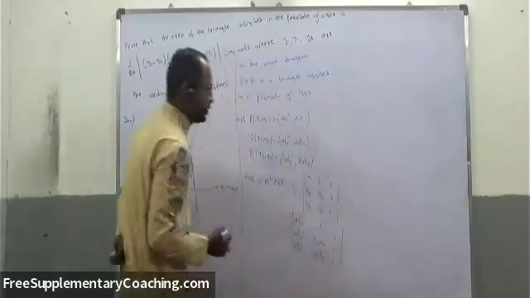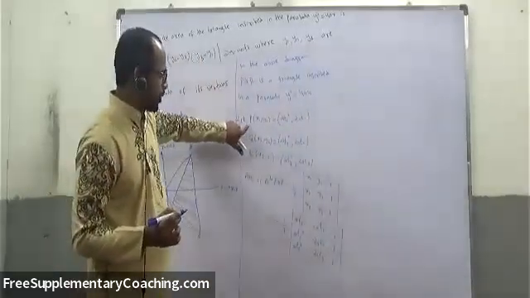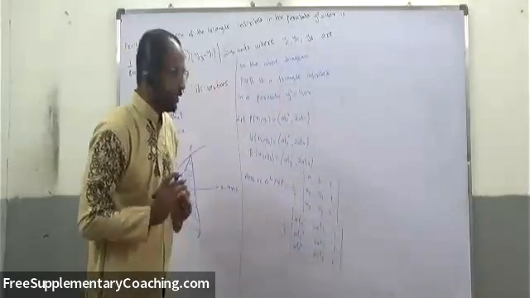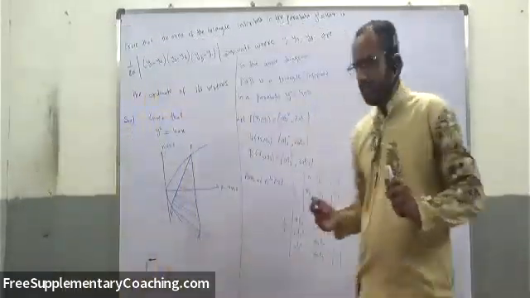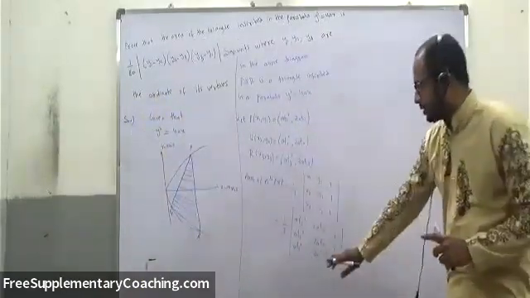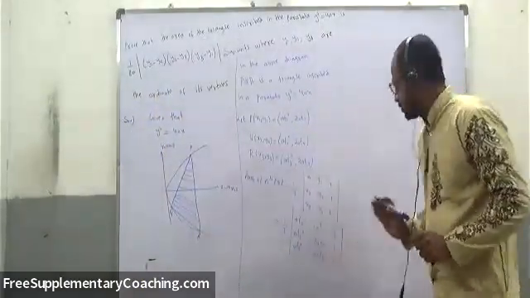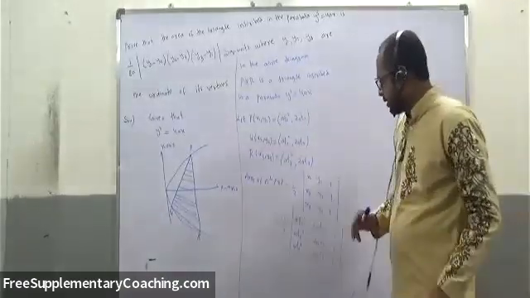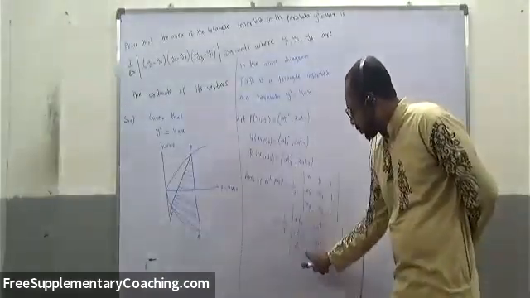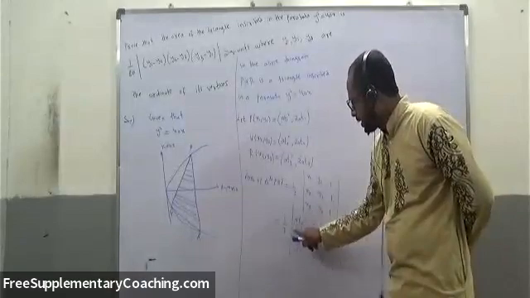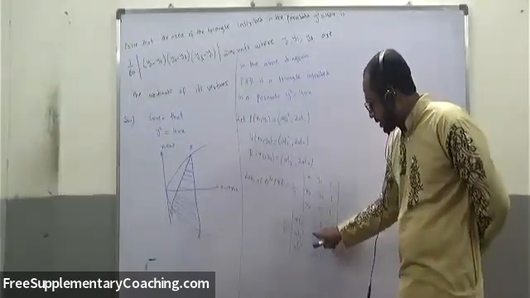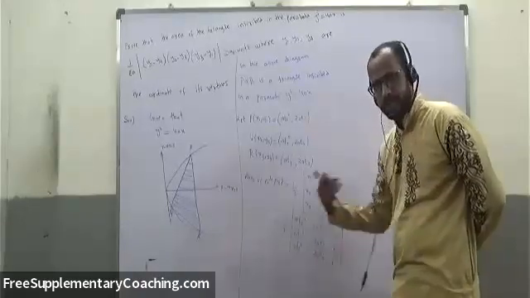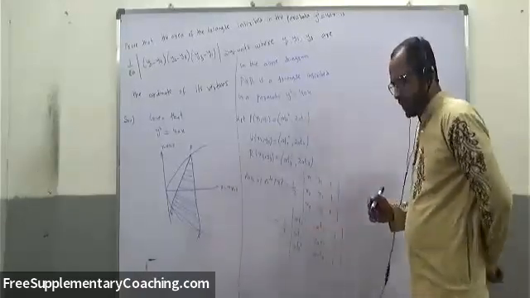So all the values with respect to the points I have substituted here. Is it visible? Yes, it is visible. Now just look at here. From the first column, I am taking a common outside, and from the second column, I am taking 2a common outside. So what will I get?